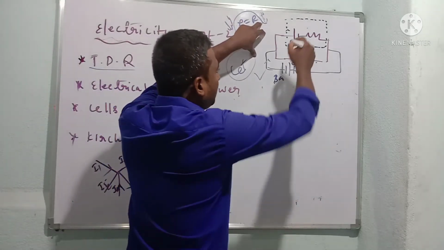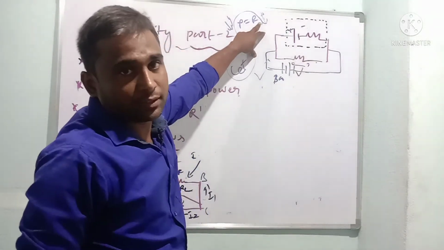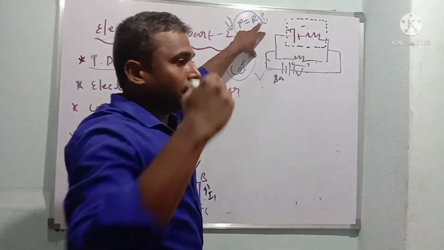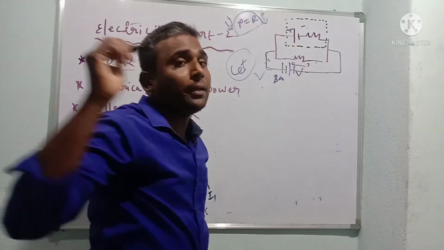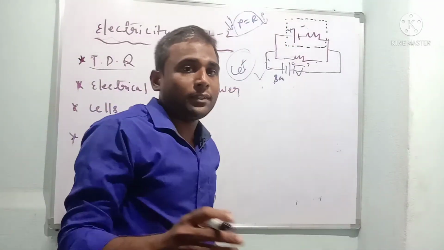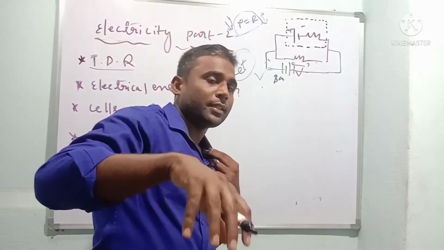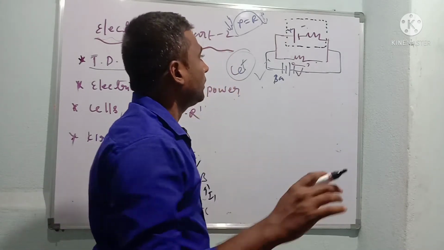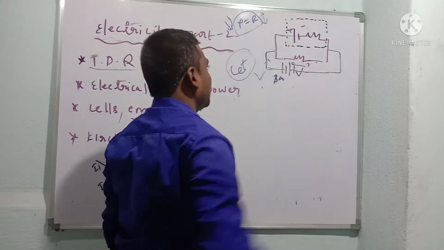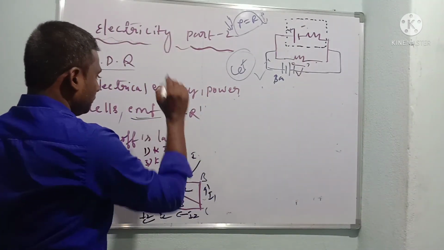The maximum potential difference between the electrodes, positive and negative terminals, in an open plug key. Plug key open means current is not going to be drawn. Closed plug key means current is going to be drawn. Very important point. The maximum potential difference between the electrodes is called electromotive force.